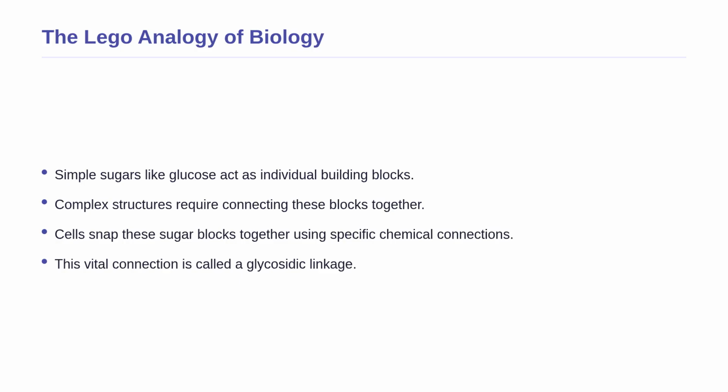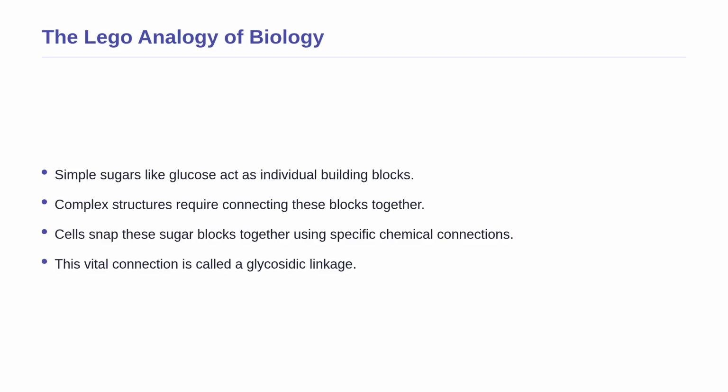To truly understand this concept, imagine you are playing with a set of Lego blocks. Each individual block represents a single, simple sugar molecule, like glucose. By itself, a single block is useful, but you cannot build a massive, complex castle without connecting them together.